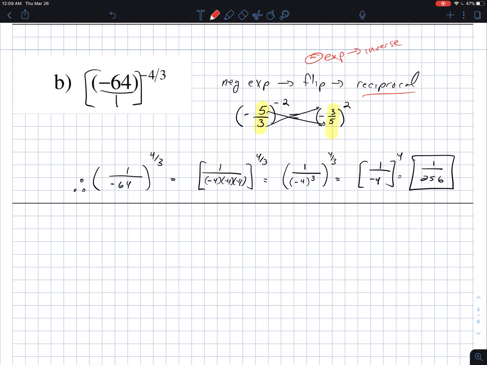So we're just taking the reciprocal. So you'll see how I broke it down. The very first thing I did was get rid of the negative exponent. We don't like them. And what did I do? I took the reciprocal.